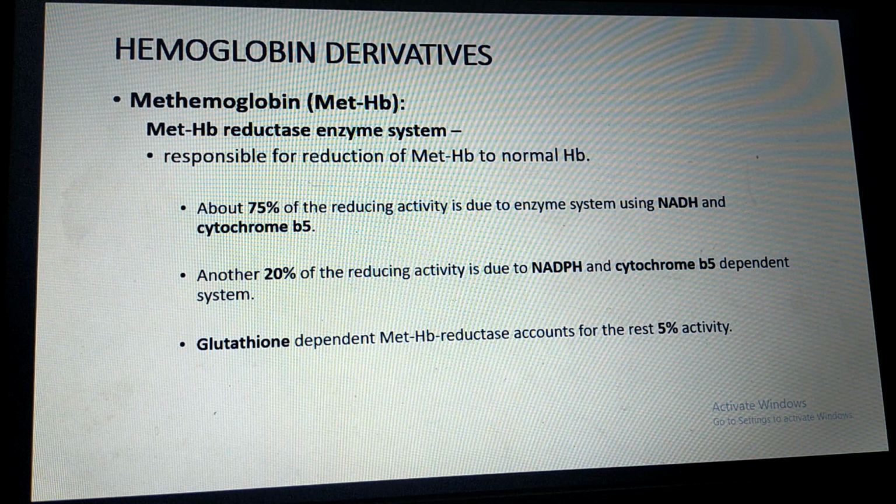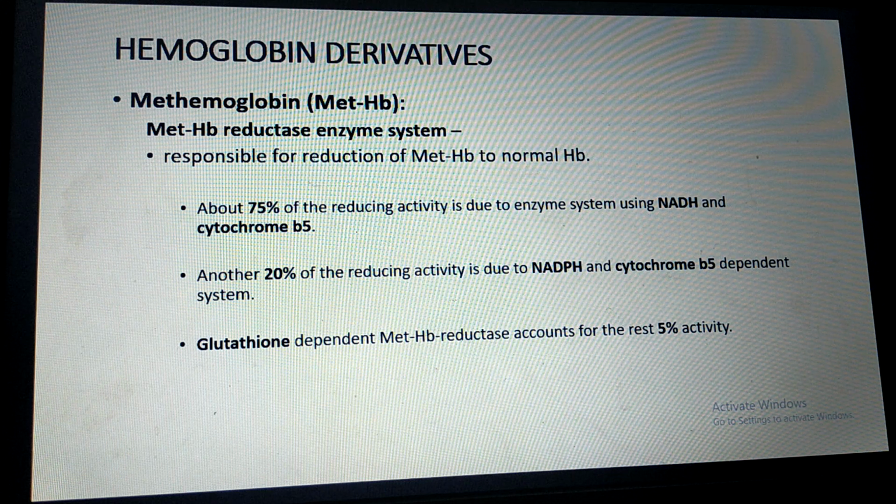This system converts the methemoglobin into normal hemoglobin. Now there are three different types of such systems found in our body. The first system is called the NADH cytochrome B5 system, which converts 75% of the methemoglobin into normal hemoglobin. The next system is the NADPH cytochrome B5 system, which converts 20% of the methemoglobin into normal hemoglobin.